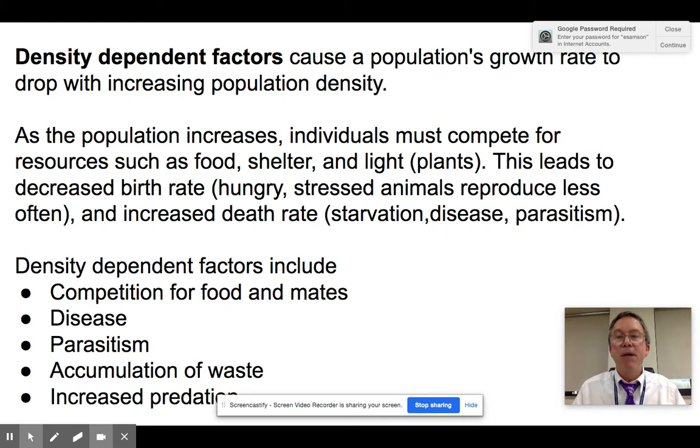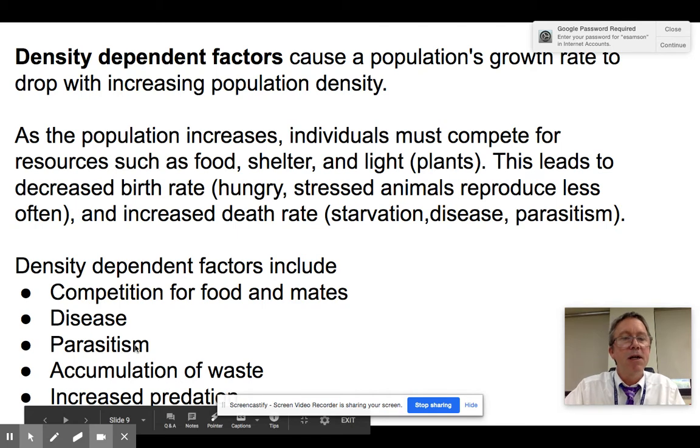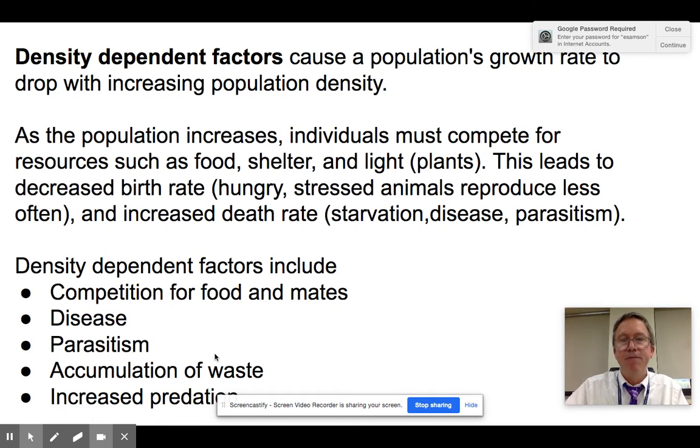There's more parasitism and disease. And so basically, all these things have a tendency to increase death rate and decrease birth rate and cause the population to stop growing. So the density-dependent factors typically are competition for food and mates, disease, parasitism, which is, I guess, a kind of disease, the accumulation of waste that's often true in aquatic organisms, increased predation.